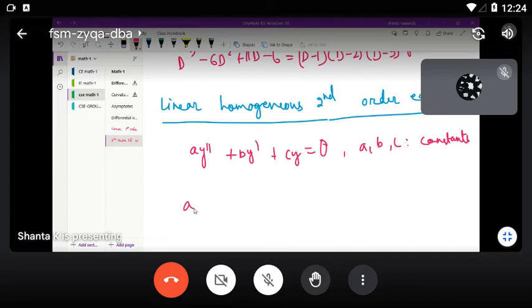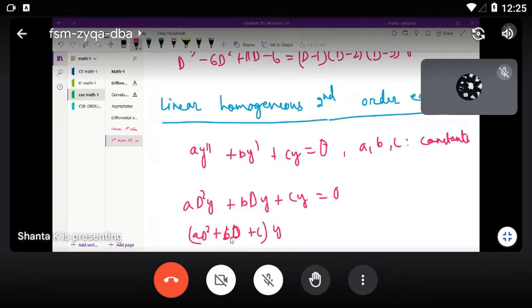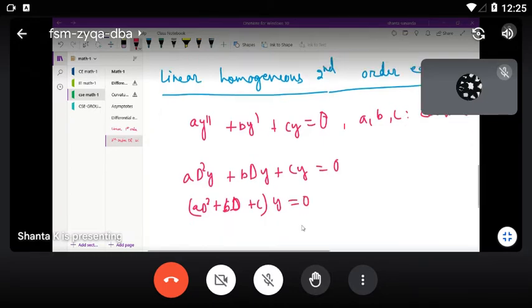You see, this y double dash means the second order derivative d square y by dx square. So you can write it in this form: a d square y plus b, the first order derivative dy, plus cy equals to 0. Or as I said, you can take this y common. So this is how you can represent this one.